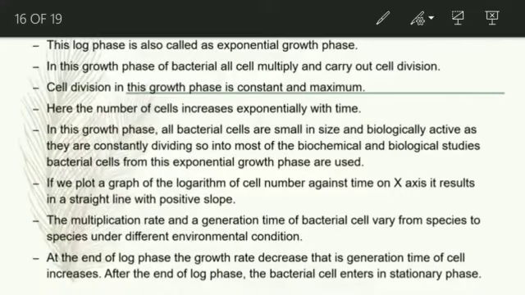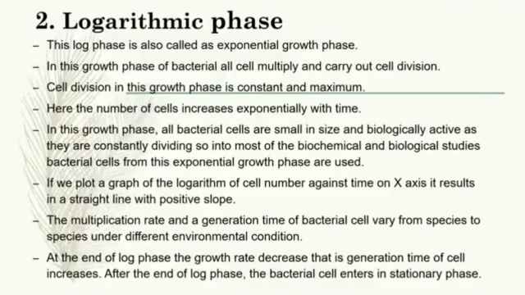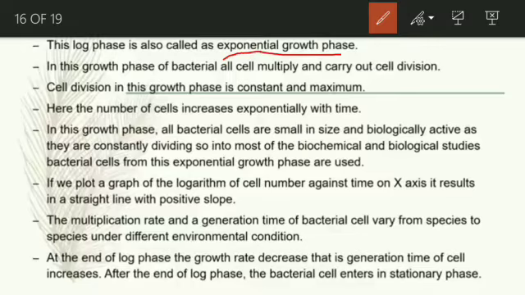In the logarithmic phase, also known as log phase, this is the second phase in the bacterial growth curve. We have already seen this in the bacterial growth curve. It is also called the exponential growth phase. Why is it called exponential?